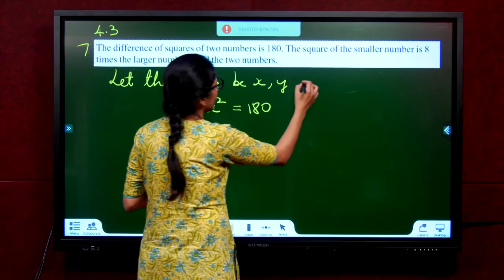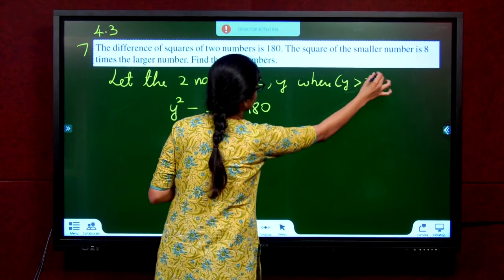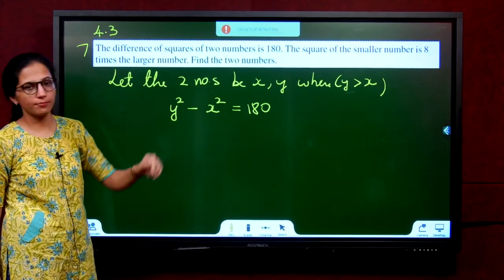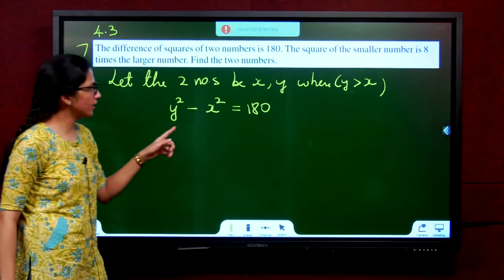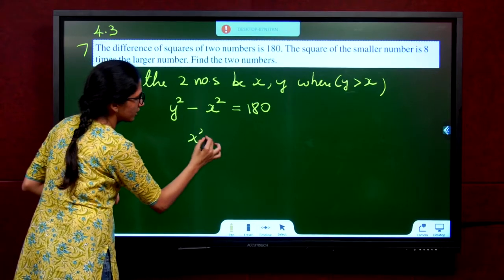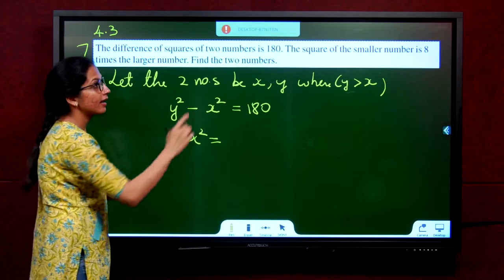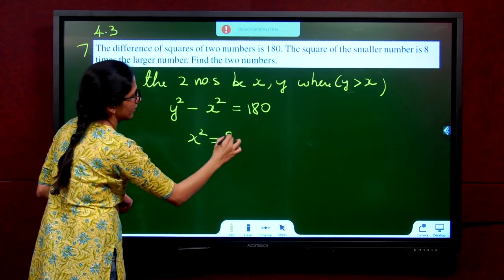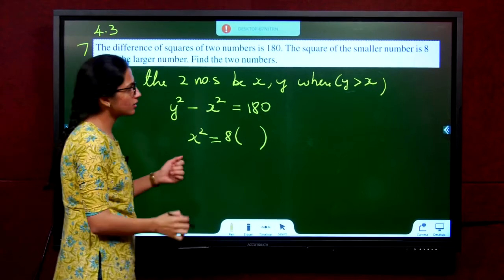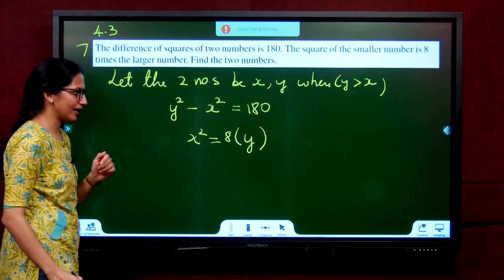So you can also write where y is greater than x. The square of the smaller number, who is the smaller number? y or x? x. The square of the smaller number is equal to 8 times the larger number. Who is the larger number? y. So x² = 8y.